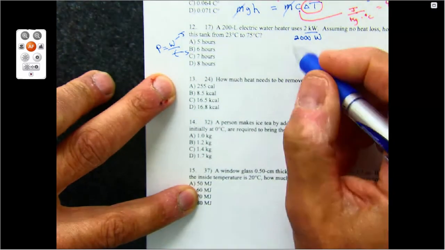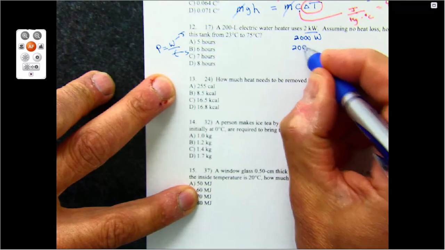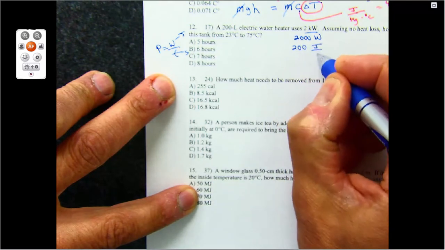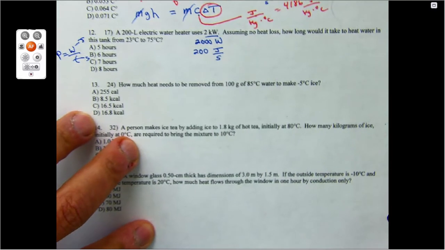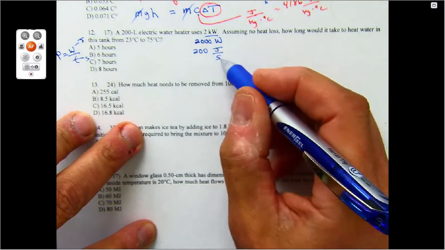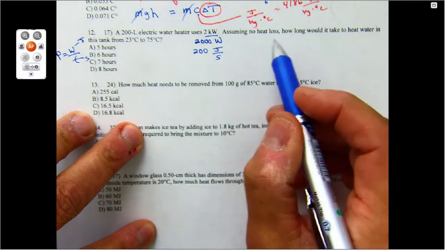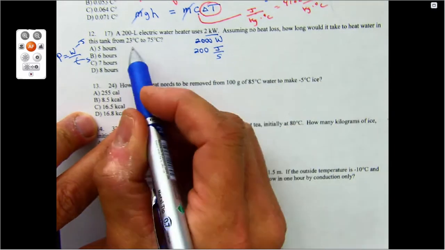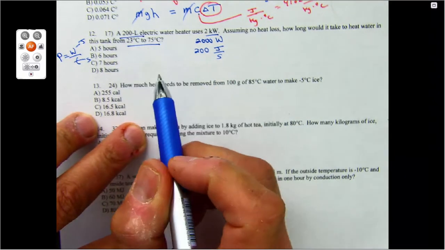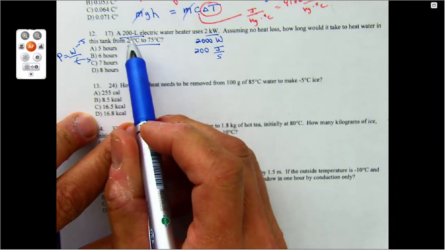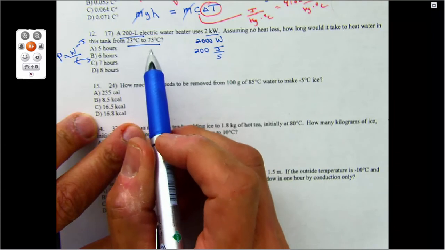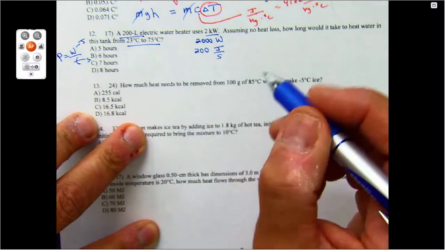So the way to look at this then is you have 200 joules per second. If you have 200 joules per second and you know how many joules for this, we can get seconds. Calculate then how many joules.